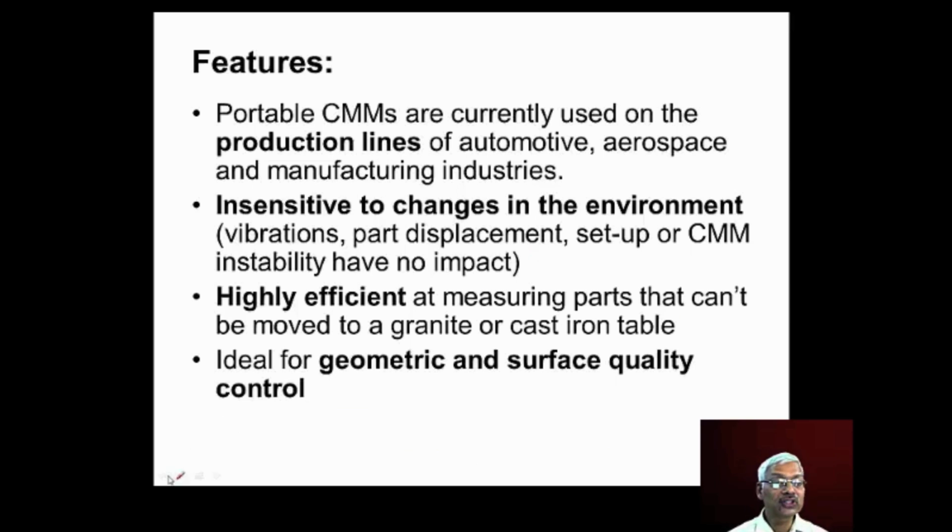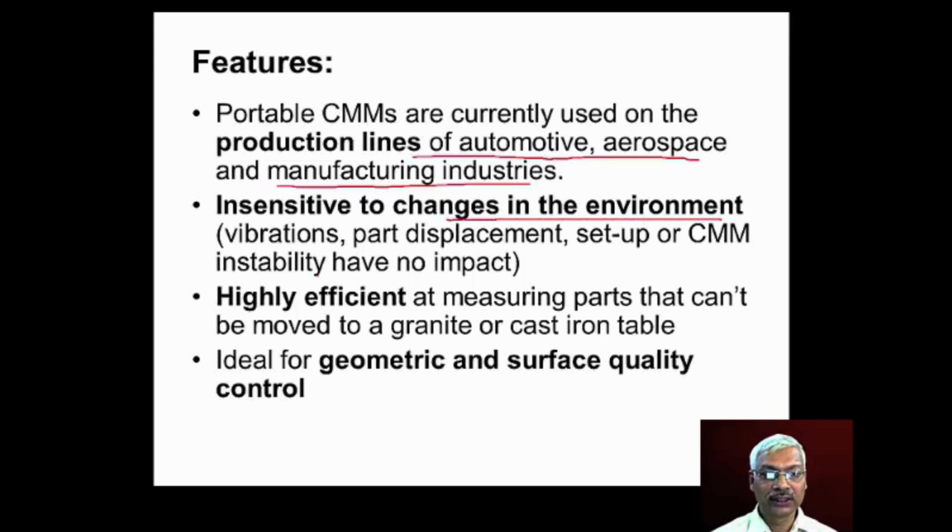Now, what are the features of the portable coordinate measuring machine? These portable CMMs are currently used on production lines of automotive, aerospace and manufacturing industries. They are insensitive to changes in the environment.